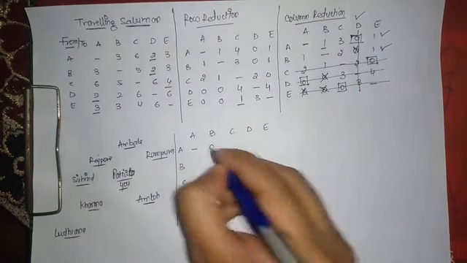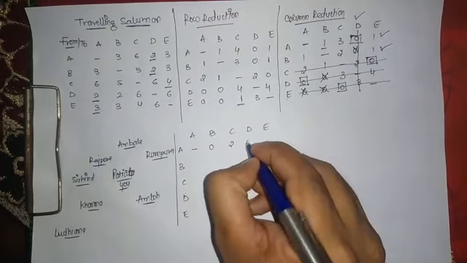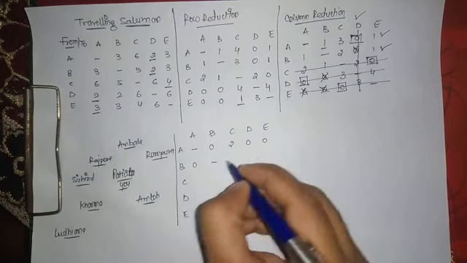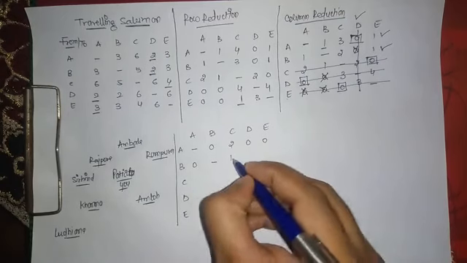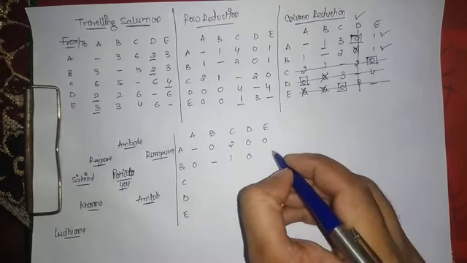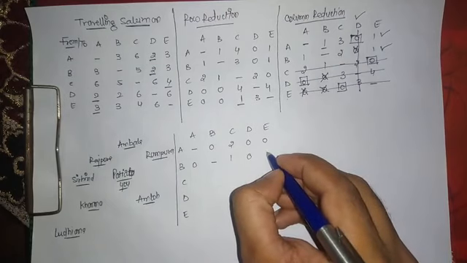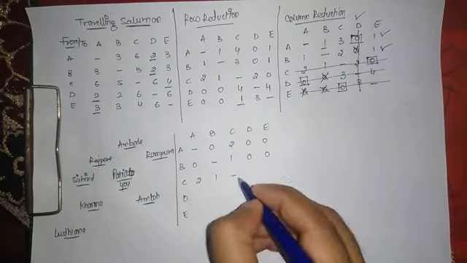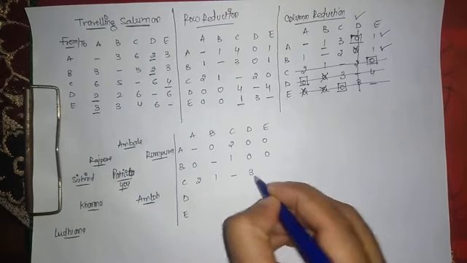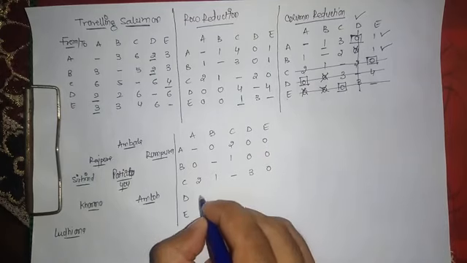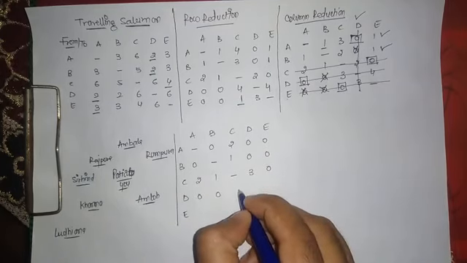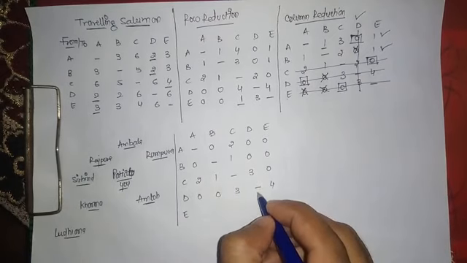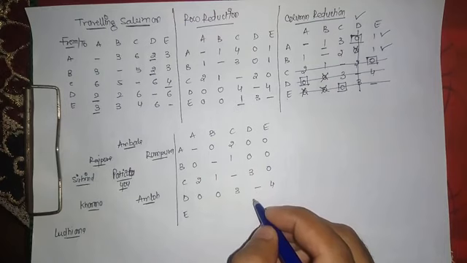So 1 minus 1 is 0, 3 minus 1 is 2, 0 remains 0, 1 minus 1 is 0, 1 minus 1 is 0, hyphen remains hyphen, 2 minus 1 is 1, 0 remains 0, 1 minus 1 is 0, 2 remains 2, 1 hyphen 2 plus 1 is 3, 0, again 0 0, 3 hyphen 4. At this hyphen we haven't added anything, because we cannot make an assignment here.